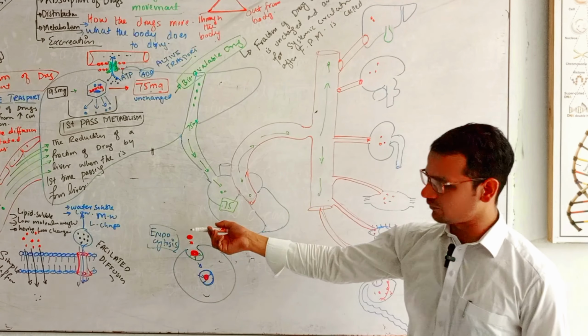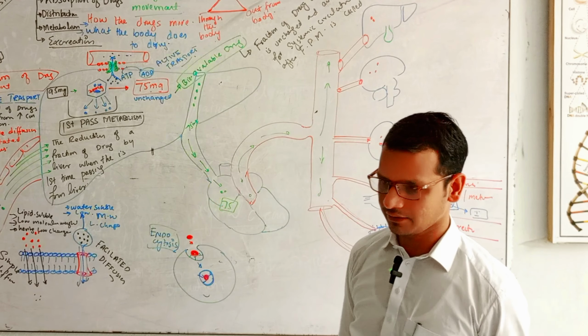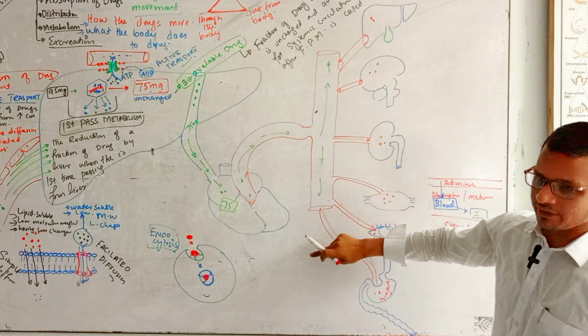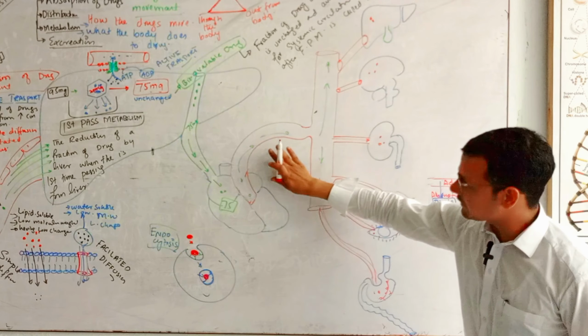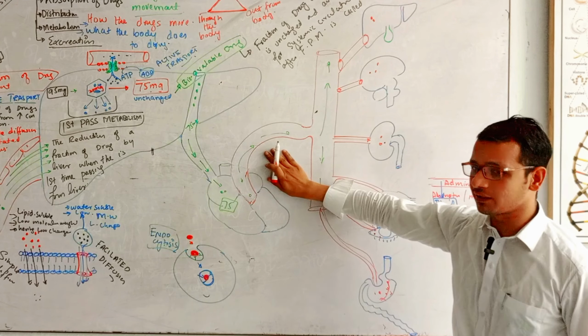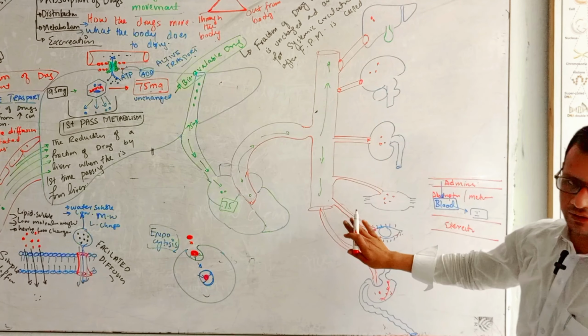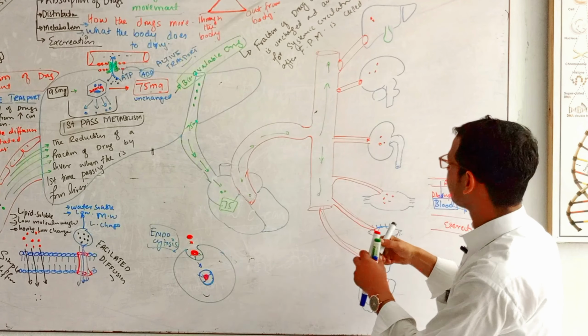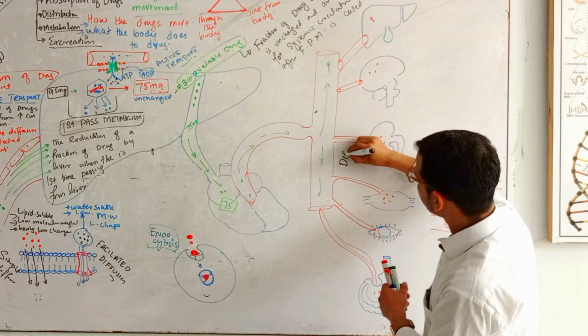By passive diffusion or active transport, either, right? This process is called distribution of drug, because the systemic circulation is now distributing the drug throughout the body.